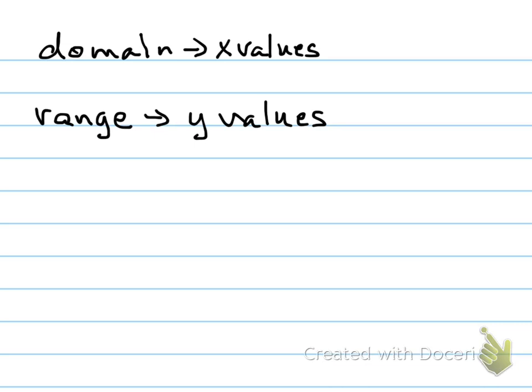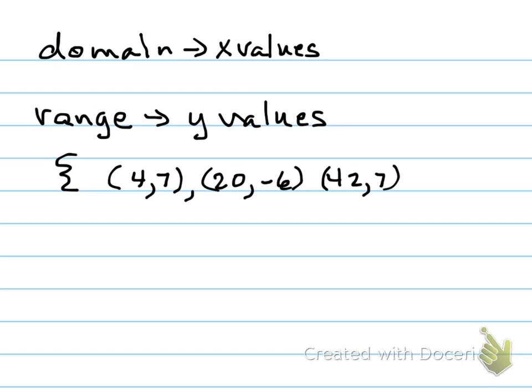So let's just go through one where you can see all the parts of the problem. So we have (4, 7), then we have (20, -6), then they have (42, 7), let's see, (4, 9), and then finally (53, 9).